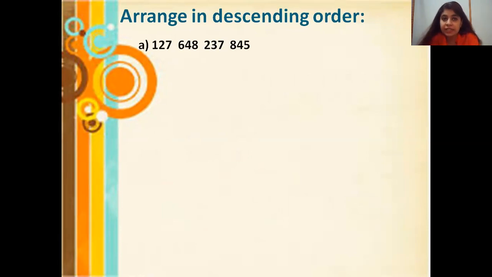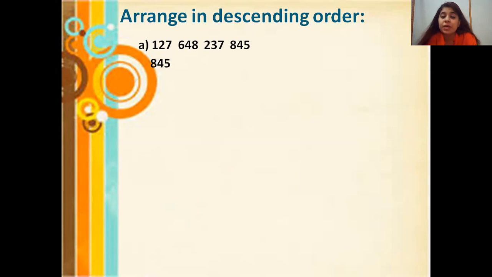I have a few numbers, that is 127, 648, 237 and 845. Now which is the bigger number? Is it 648? Look at the hundreds place first. We have to find out the bigger number. The bigger number is 845.